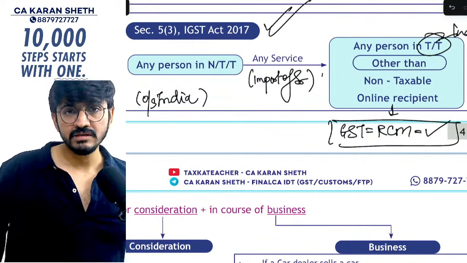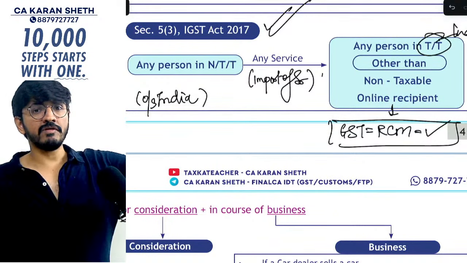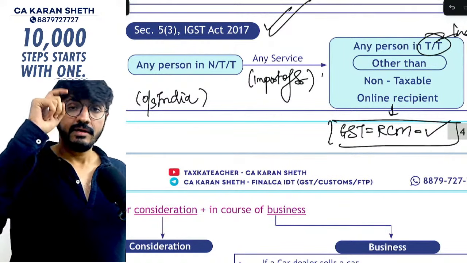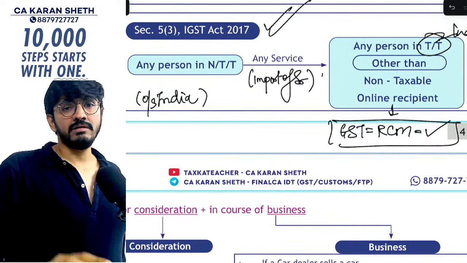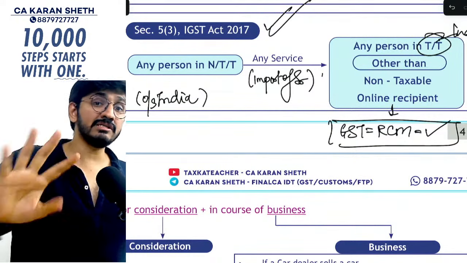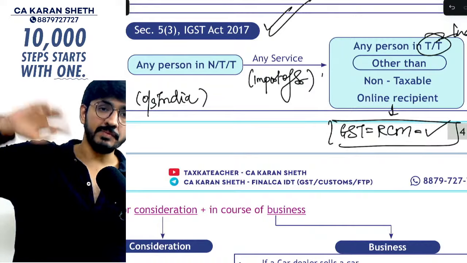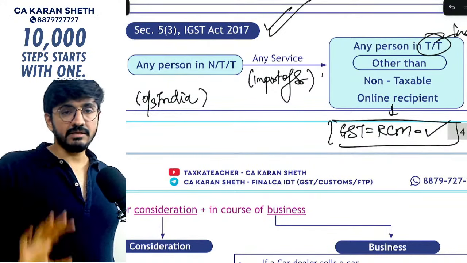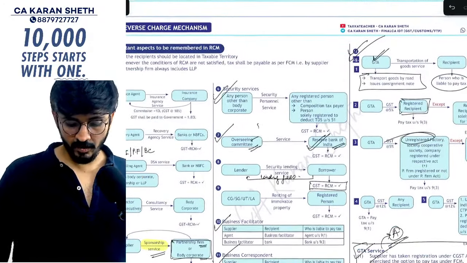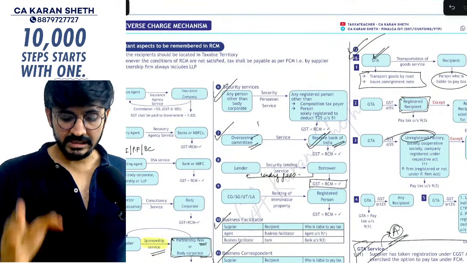I don't know where he is. I cannot go and catch hold of him, but I can definitely catch hold of someone who is in India, right? Because I have the jurisdiction over that. So I will catch hold of him, and which is why it is RCM. But just make sure that the person is a non-taxable online recipient, right? That's it. Okay. So here, my dear friends, we finally take care of reverse charge mechanism.